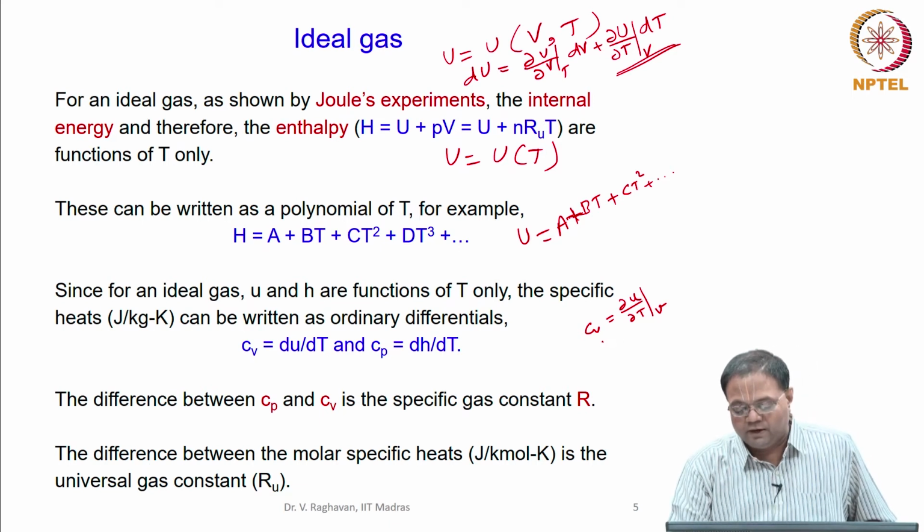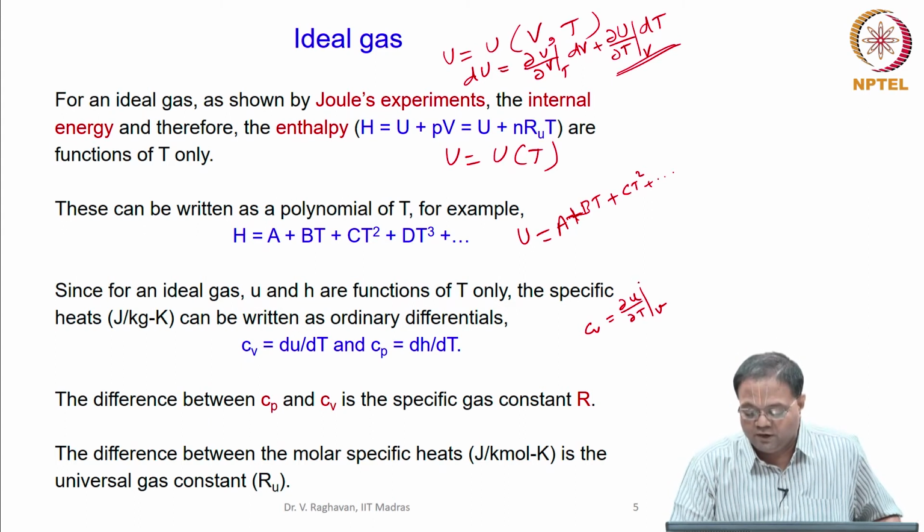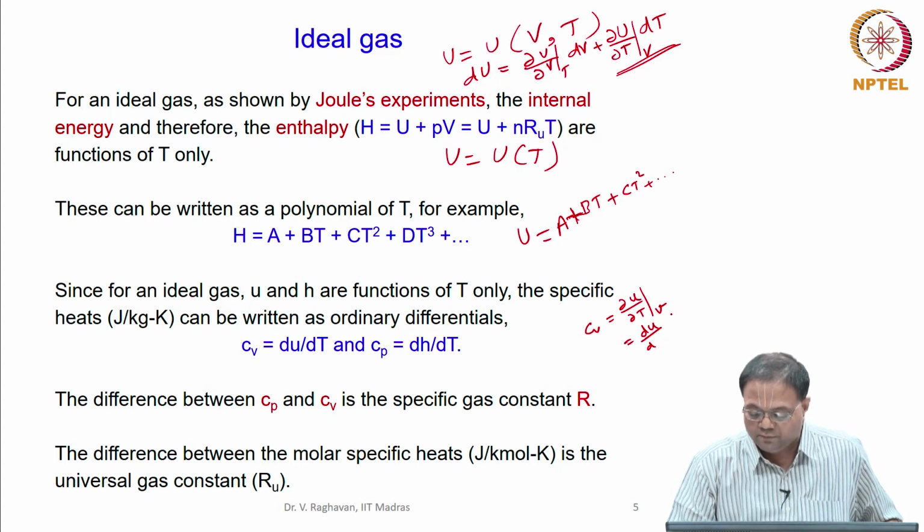So specific heat at constant volume is defined as the partial derivative of U with respect to temperature when V is constant. However, for ideal gas, this partial derivative disappears and you write dU by dT.